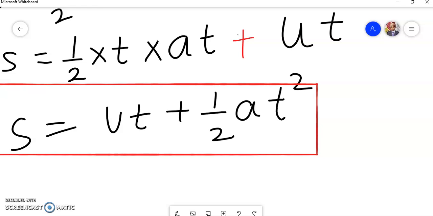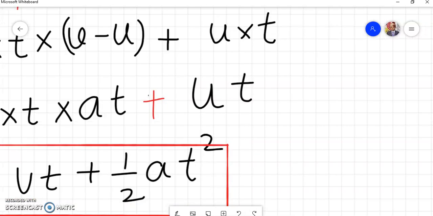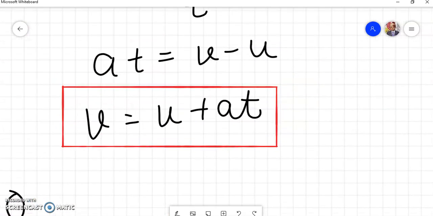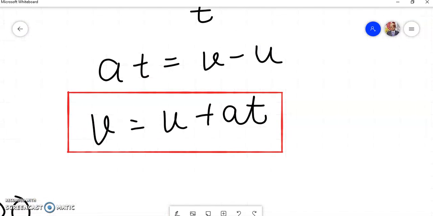And there is another way, the concept of average velocity. See, we have t from here. Let us write. From the first equation, what do we get as the value of t?